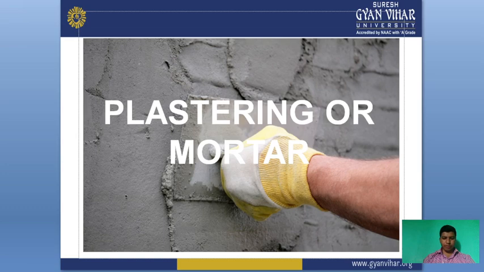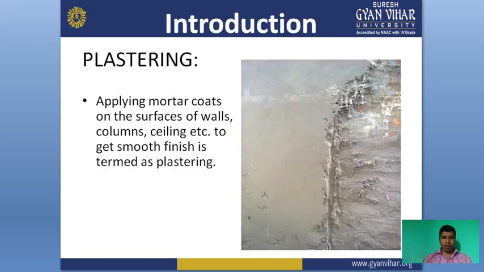So let's start. What is plastering? How is it made? First of all, applying a mortar coat on the surface of the wall, columns, etc. to get a smooth finishing is termed as plaster. We use it in our daily life when we construct our houses.